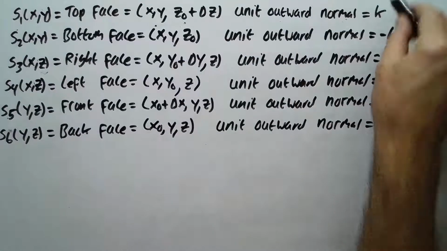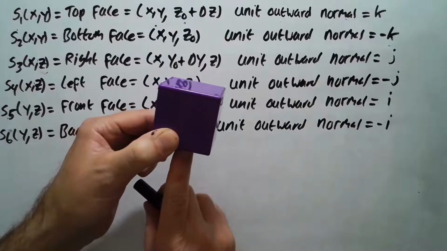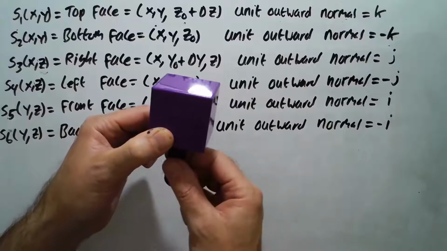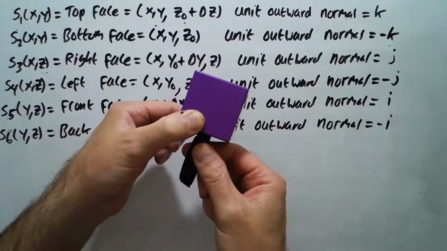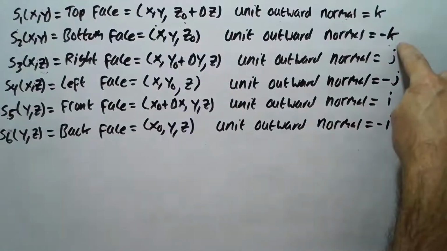And for the bottom face is down here, and the normal vector sticking out of the rectangular box would be like that, and that would be in the negative k direction, so that's why it's negative k.